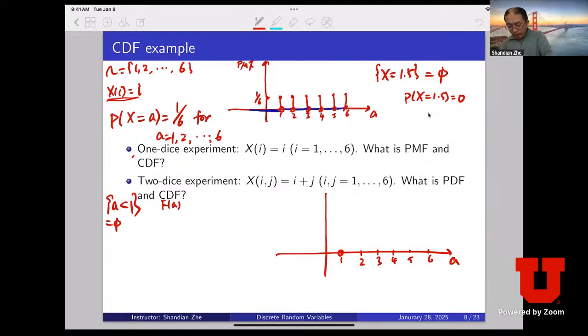So your F of A will be P of X less than or equal to A. Sorry, I should write it more clearly. To look at what X less than or equal to A is: this is empty, right? So this event is an impossible event, so the probability is 0. That means your CDF value is 0.